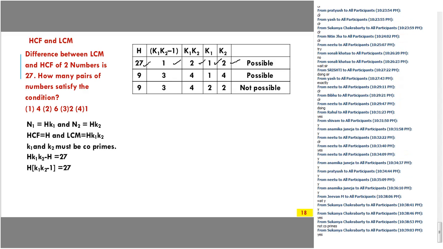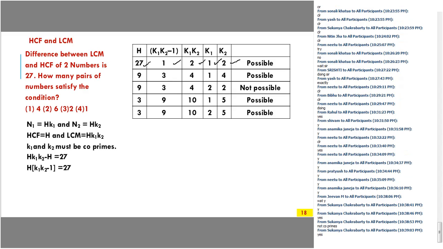All of you are clear up to this? HCF will become different, right? 3 into 9, 1 into 5 possible. 1 into 10 and 2 into 5 both are possible or not? So there are 4 numbers possible already. Clear?